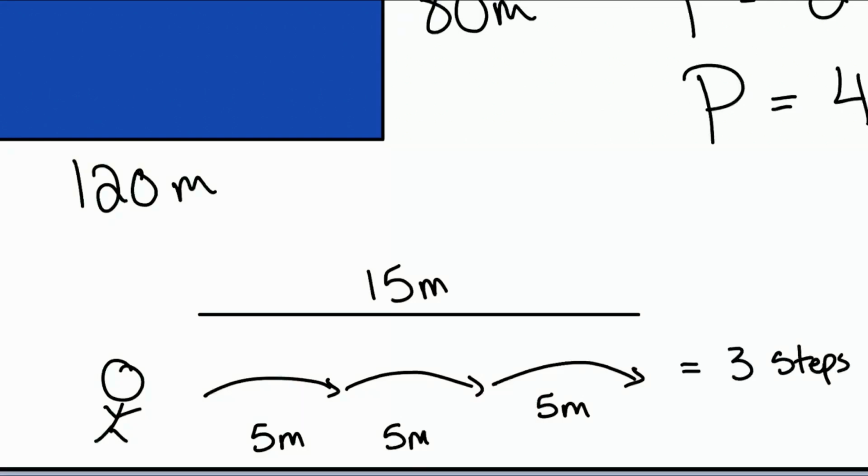Does that make a little more sense in terms of why we are dividing, my friends? Perfect. The reason we are dividing is because you have the total distance, and if you have the distance for each pace or each step, when we divide by that distance, we get the number of steps that it'll take.